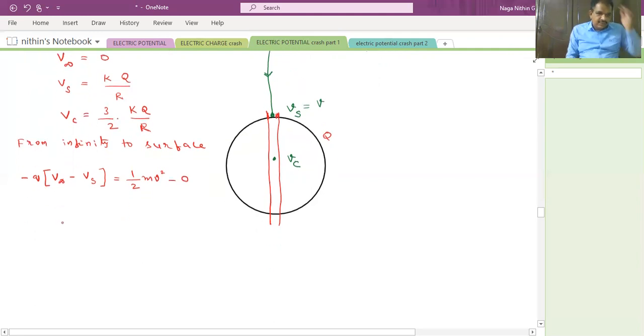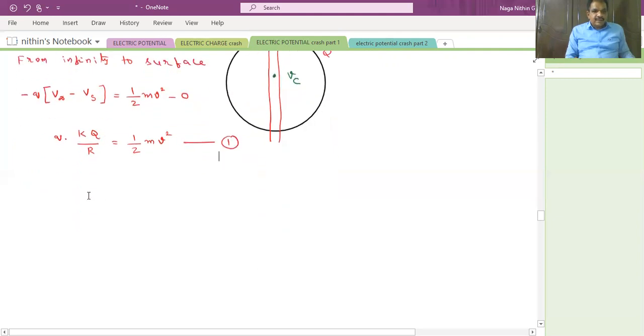V infinity will be 0, minus into minus plus, so q times kQ by R is equal to half mv square. Make this equation 1.